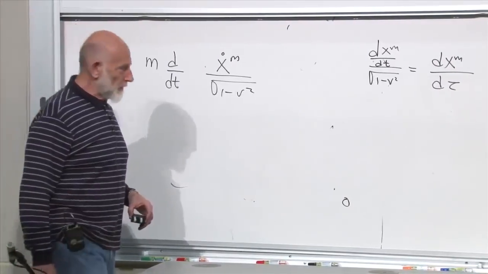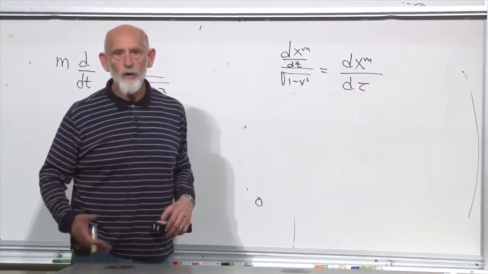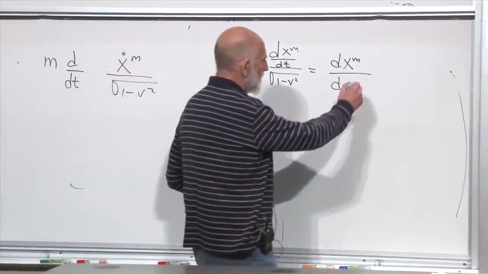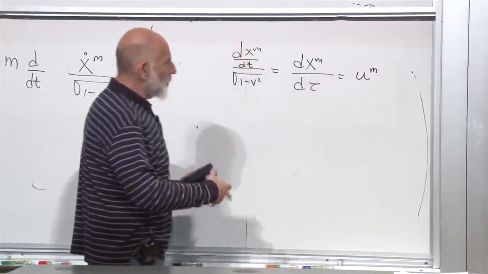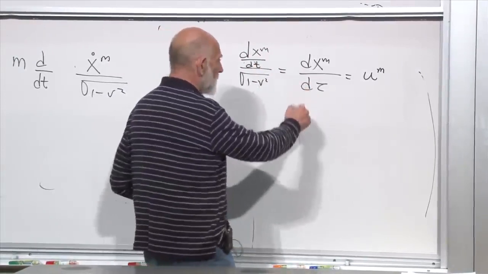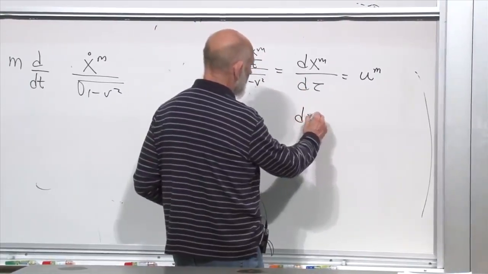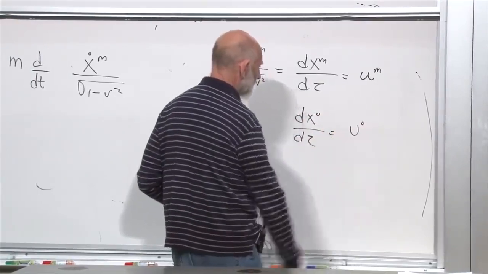We called it the 4-velocity, and there was a letter that I identified with it: U. Of course, there's also a fourth component. The fourth component would be dx naught by d tau. That would be u naught.